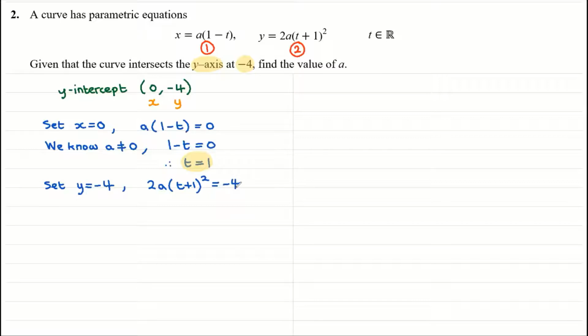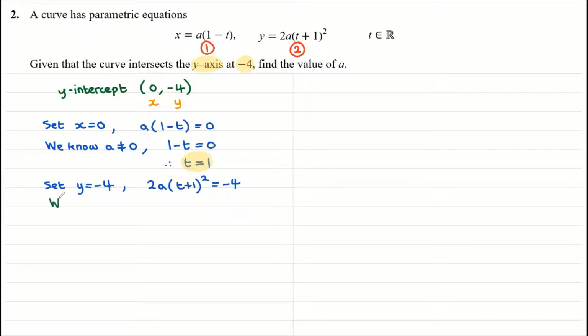All right. Now, we've already established, this is all factorized, but we know a is non-zero, which must be true, because otherwise that would make an invalid nonsense equation. But we also know that t is equal to 1.